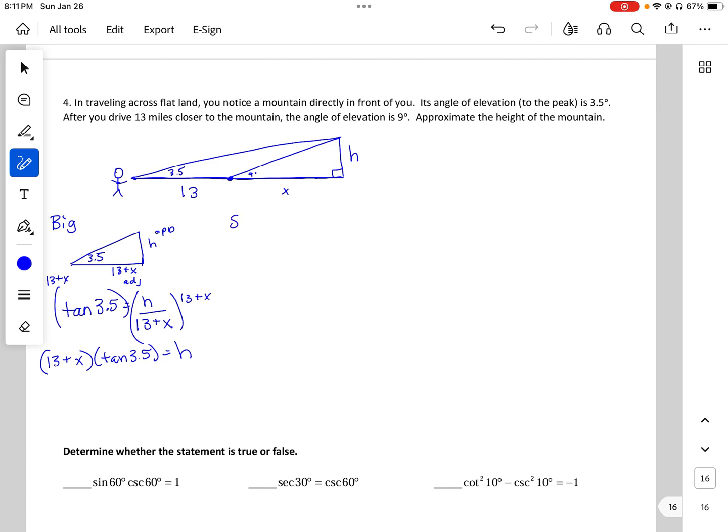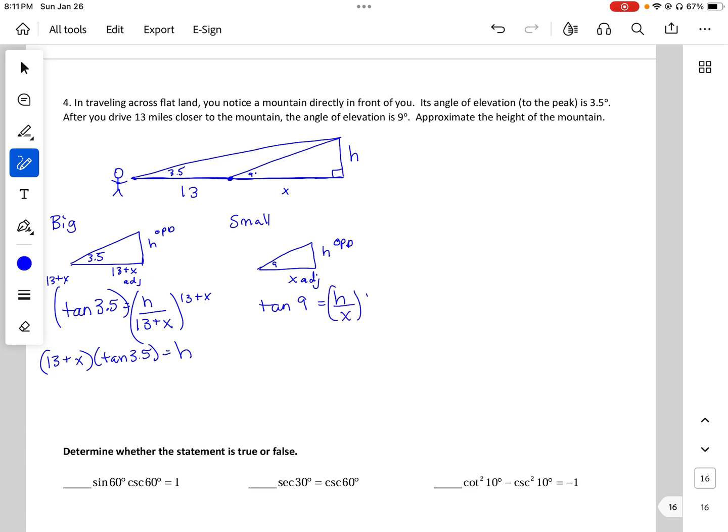Let's go to the smaller triangle where he's closer. So it's more like this. Same height. Distance is x. The angle is 9 degrees now. Okay, so we have opposite and we have adjacent. So again, tan. So tan of 9 equals h over x.